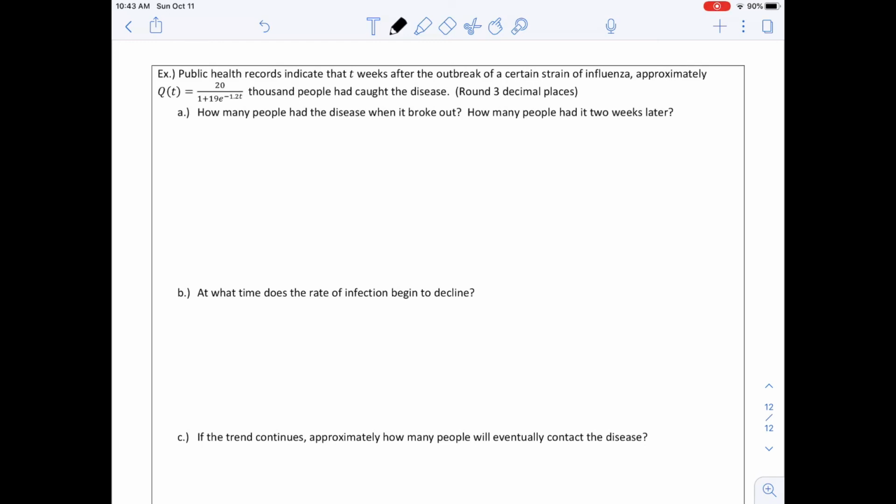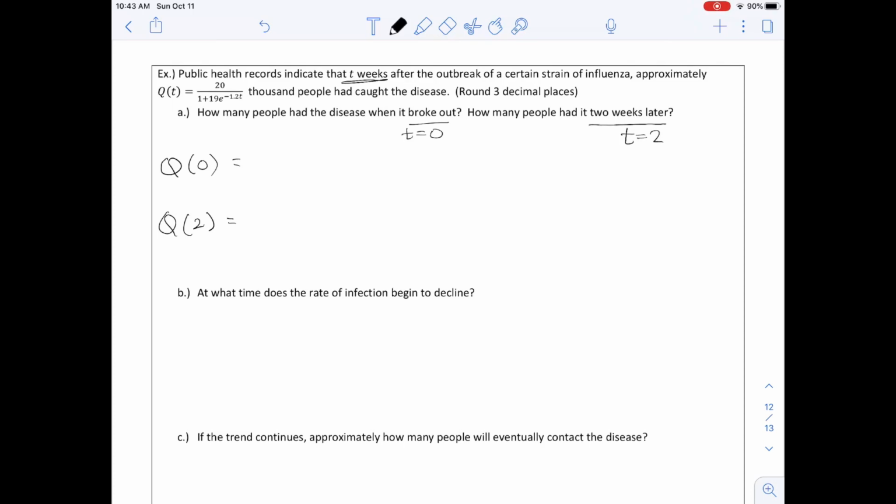Part A says how many people had the disease when it broke out and how many people had it 2 weeks later. So in order to figure out how many people had this when it broke out, time here would be equal to 0. And then 2 weeks later, and notice that t is measured in weeks, t would be equal to 2. So we have to find Q of 0 and Q of 2.